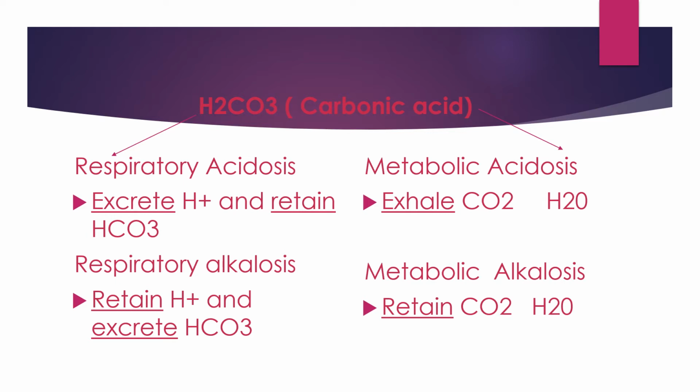For respiratory alkalosis, we retain hydrogen ions and excrete bicarb. In metabolic acidosis, we exhale CO2 and water, and in metabolic alkalosis, we retain CO2. Those are the compensatory mechanisms that help our body return back to homeostasis or get our pH within normal range.